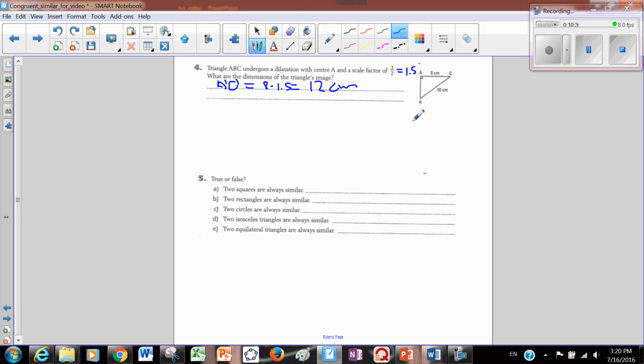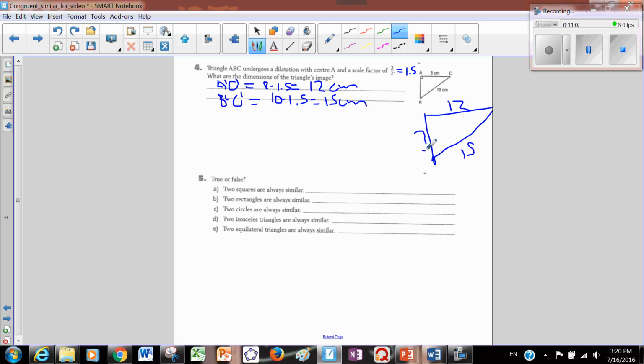The other side, B prime C prime, is going to be 10 times 1.5. Take your calculator if you're not sure. 15. So my bigger triangle here, I have 12 here and 15 here.